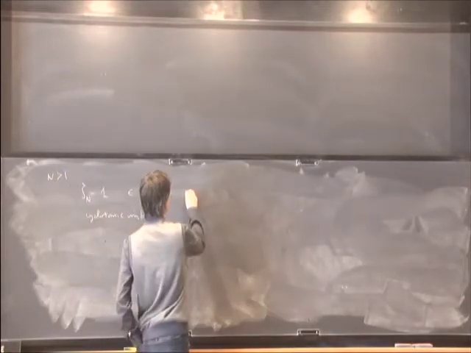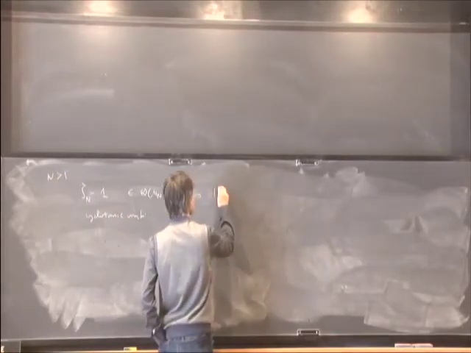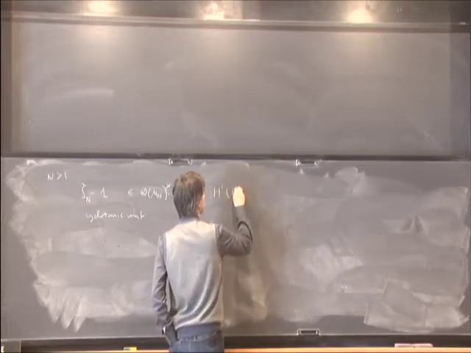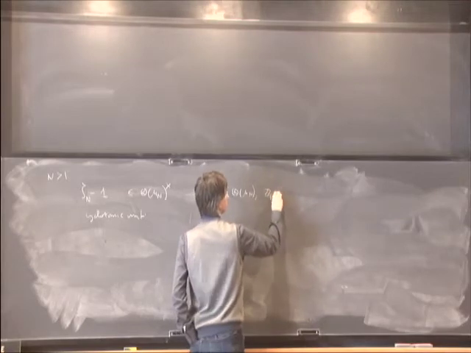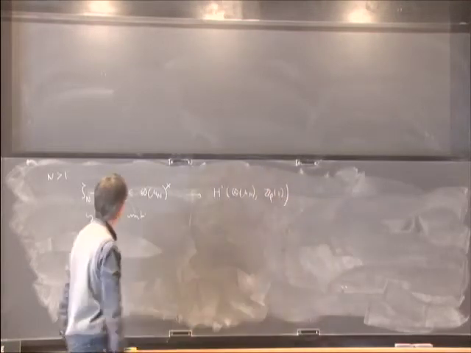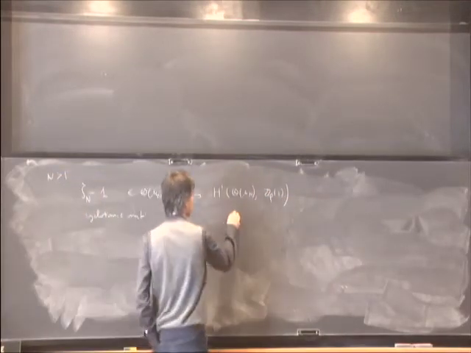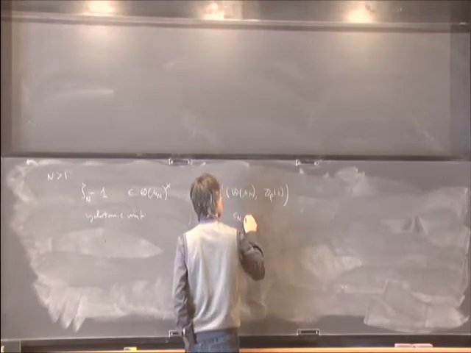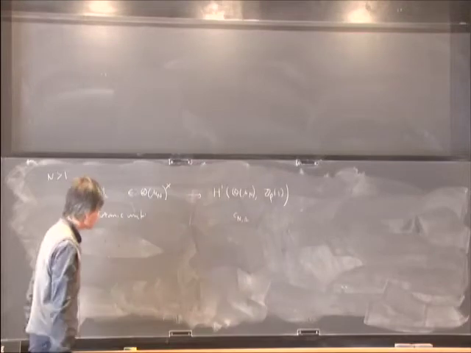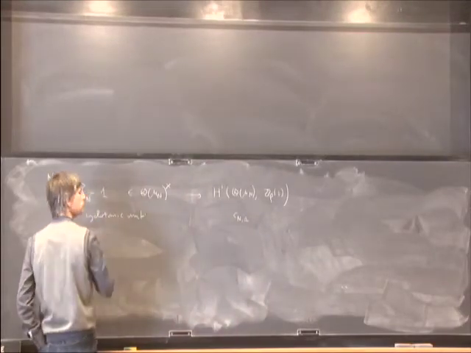And if you look at its image in H^1(Q(mu_n), Z_p(1)) by the Kummer map, you get a class I'm going to call c_n^1.